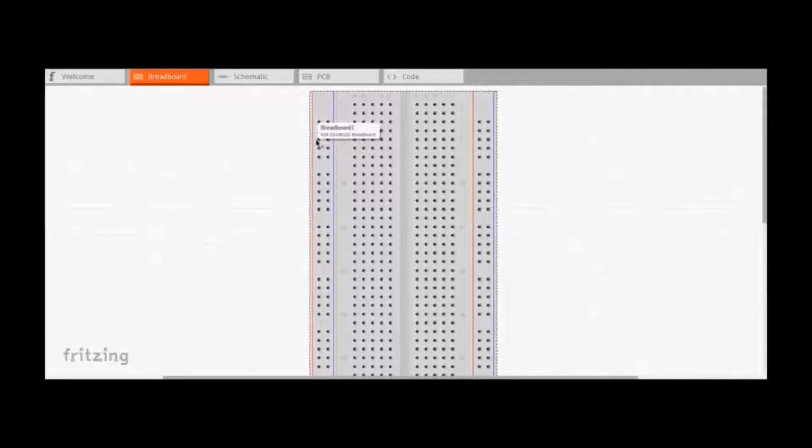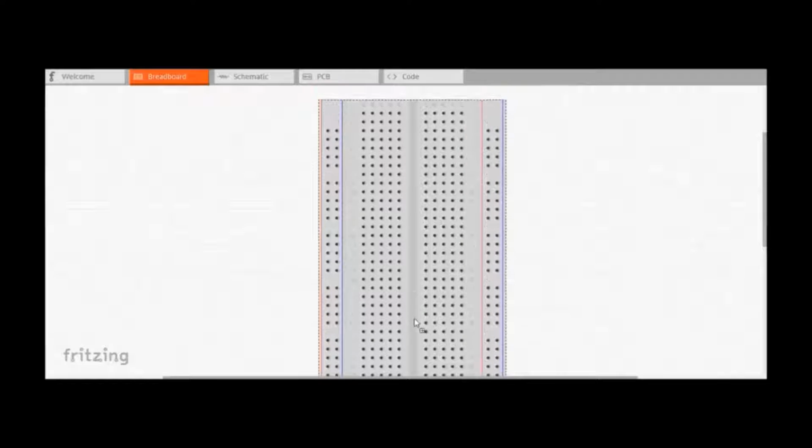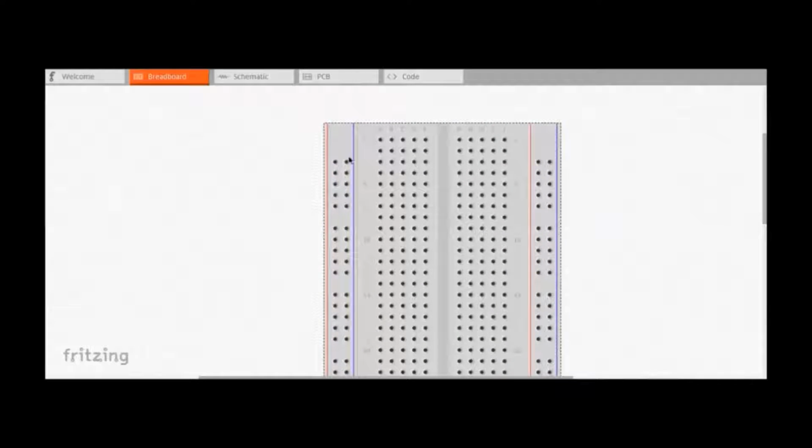So these holes here, going all the way down, are connected in a single line. If anything is connected here, it is also connected down here. Those are connected all the way down the length of the breadboard. Likewise, those here are connected all the way down.